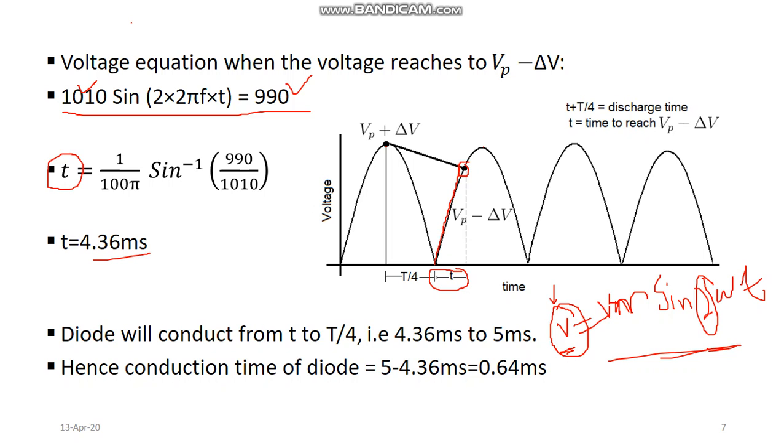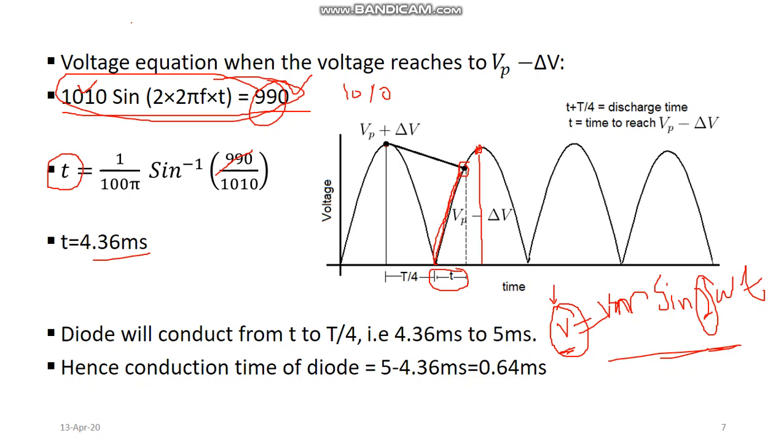So the time required to reach from 0 value to 990 volt is 4.36 millisecond. And similarly, if I want to find the time in which it will reach its peak value of 1010 volt, I will modify the same equation, and instead of 990 I will now put 1010 volt, because I want to find the time during which I can reach from 0 to this point 1010.